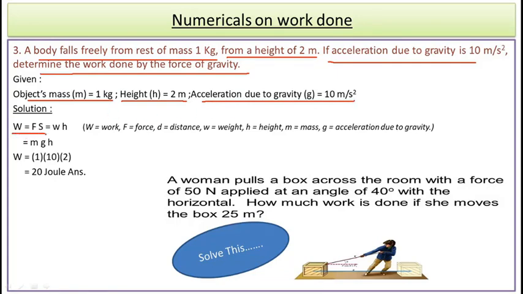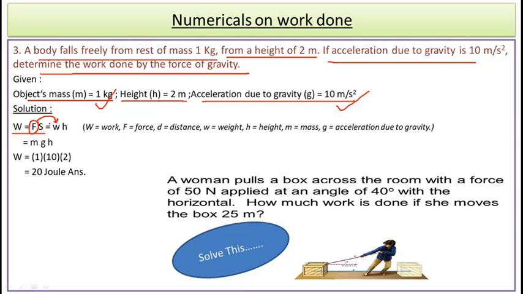Now let's see the solution. As we know, work done is equal to the product of force and displacement. But here in this question, we do not have the force directly. Yet you have the values necessary for the force. You just need to substitute the force with the weight of the object, which is the product of mass and acceleration due to gravity, because weight is a force due to gravitational pull.